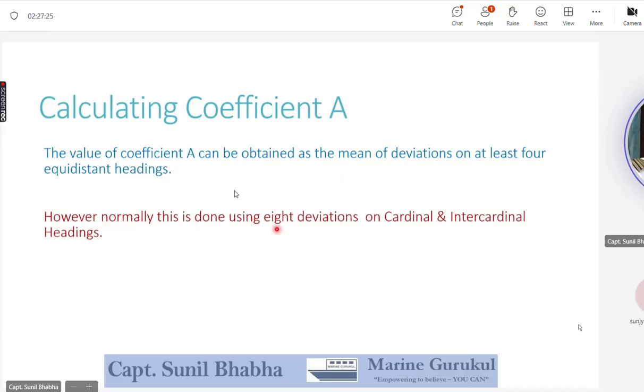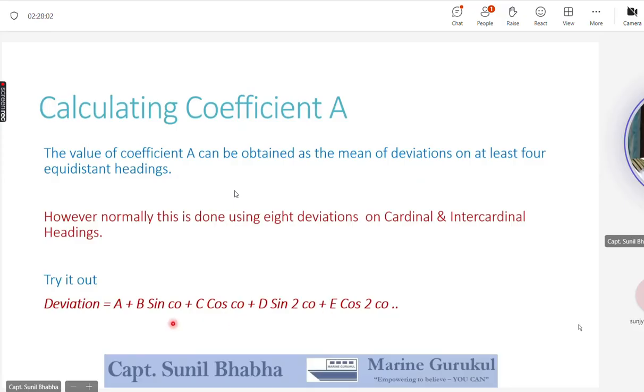Practically, this is done using 8 deviations on cardinal and intercardinal headings. Taking this value in 8 deviations gives you more accuracy. So practically we use the deviations on cardinal and intercardinal headings and take a mean. Now you can easily test out this method using this formula. This is the same formula which I showed you. Deviation is equal to coefficient A plus B sin Cos plus C cos Cos plus D sin 2Cos plus E cos 2Cos.